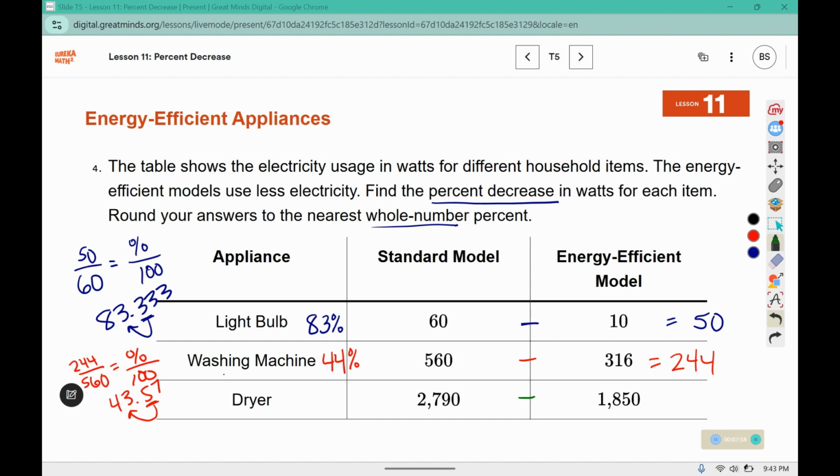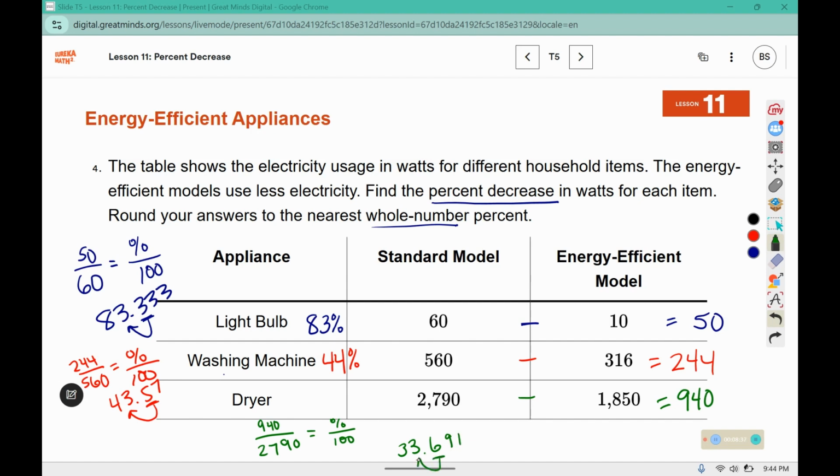This one, 2,790 down to 1,850 is a decrease of 940. The original was 2,790. We will cross multiply 940 times 100, then divide by 2,790, and that is 33.691%.